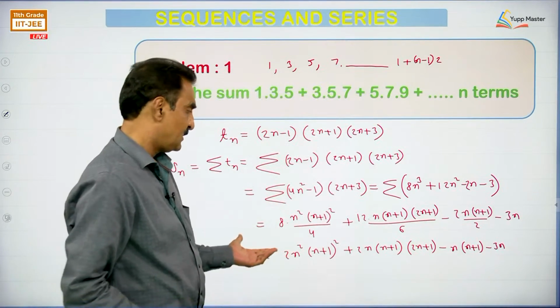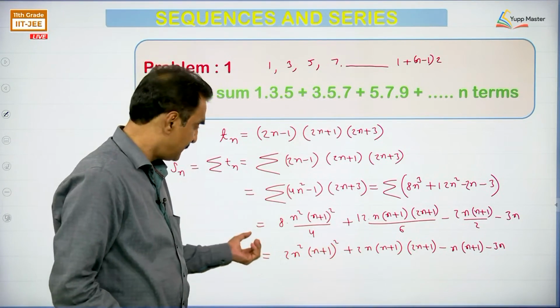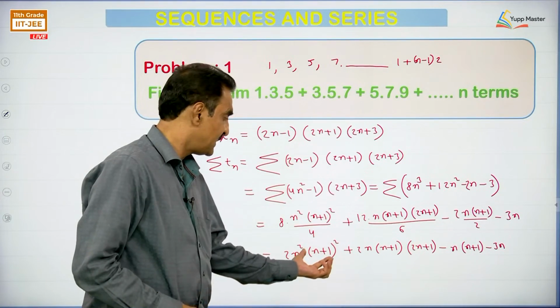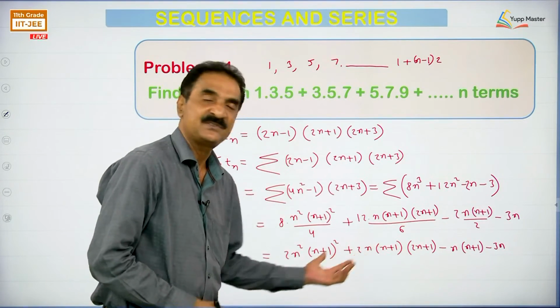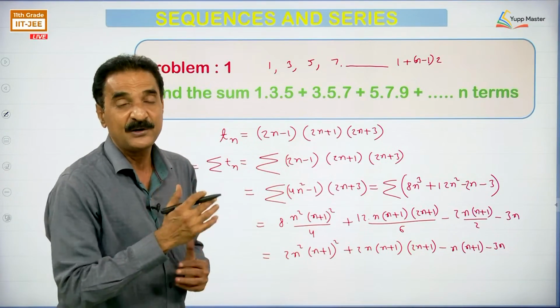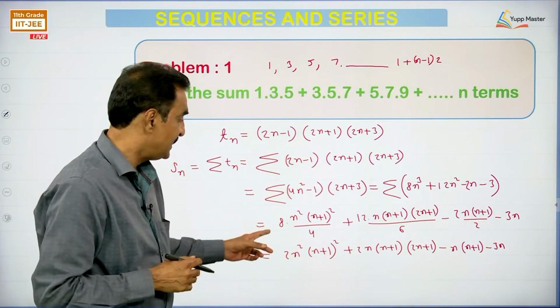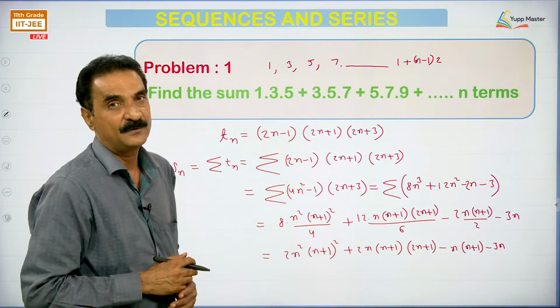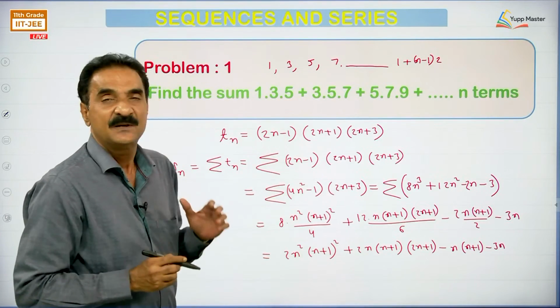Now you can leave the answer like this, or if you want to simplify further, expand the squares, multiply these brackets, and finally write it as a polynomial in n. It will be a polynomial of degree 4. Alright. This is method 1.